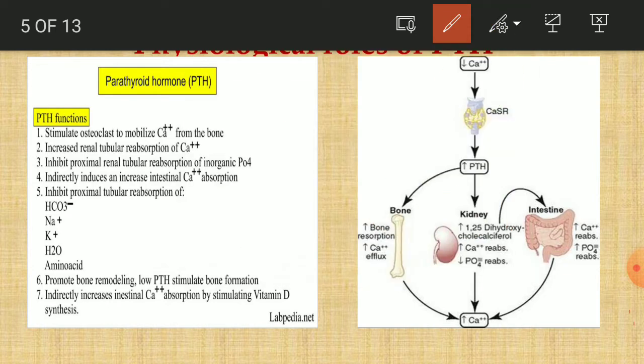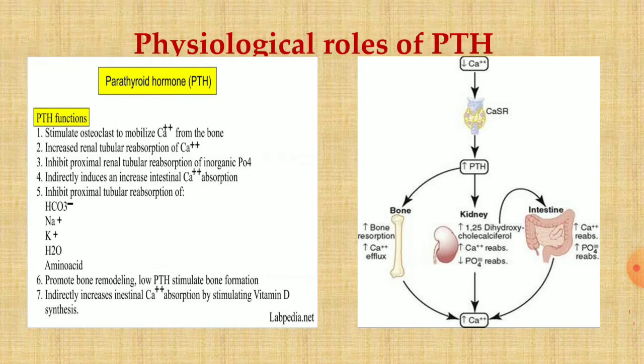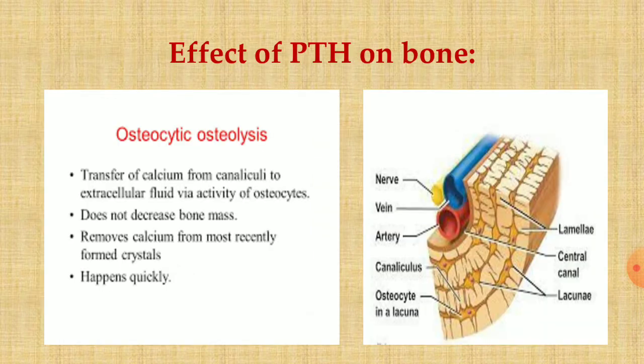First is the role of parathyroid hormone on bone, the effect of PTH on bone. This is the first and most important target organ for parathyroid hormone. Whenever there is fall of blood calcium and release of PTH, PTH comes to exert its action on bones, to be specific on different bone cells.